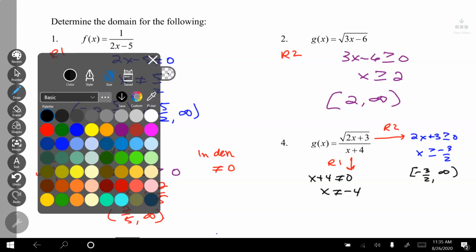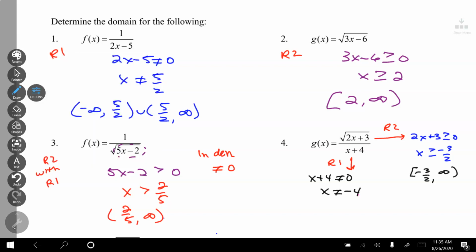And I look at this and I realize that this is not in the domain of what I had before. So I'm going to ignore it. Negative 4 was not part of this domain anyway. So my final result is still just negative 3 over 2 to infinity. That did not change. So the denominator rule, or rule number 1, had no effect on what we did.